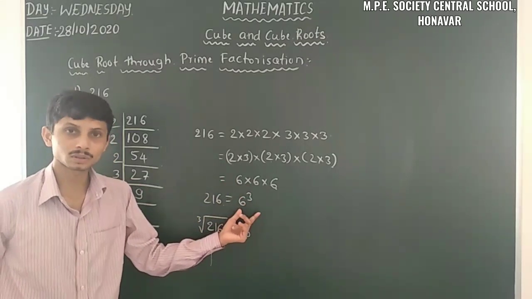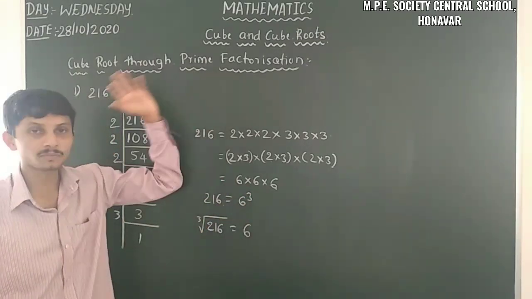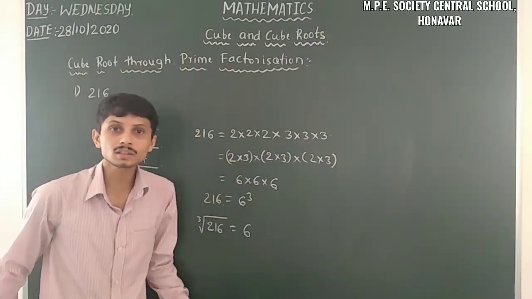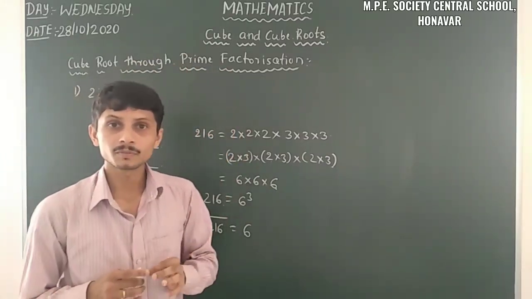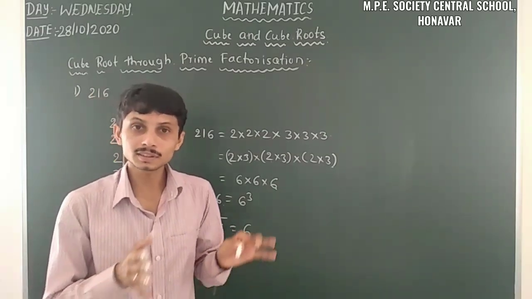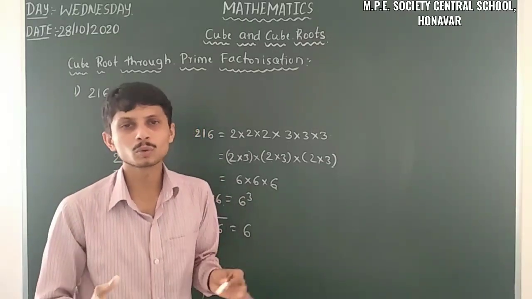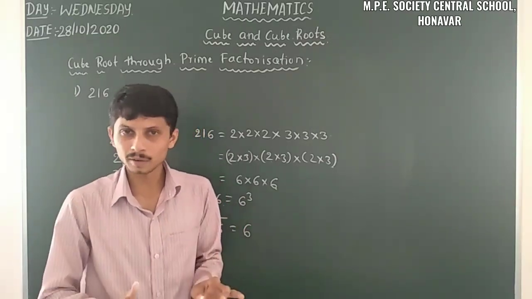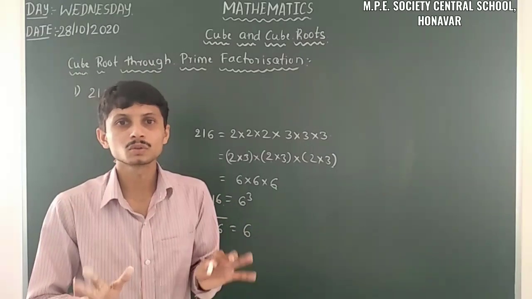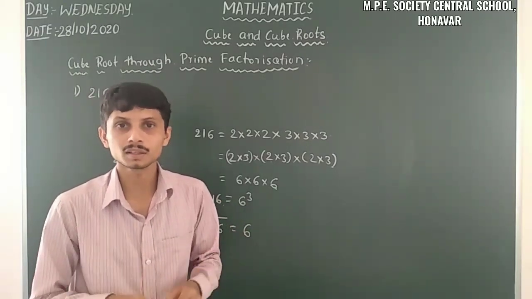Then we take the cube root of that number using the prime factorization method. So we got the cube root from the prime factorization method here. This is one of the methods you can use to calculate the cube root of whatever number. Using prime factors, you have to find the cube root of that number.